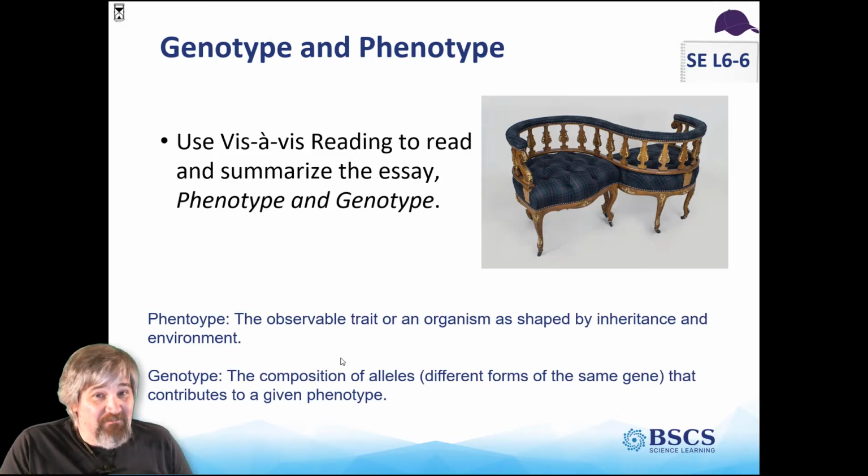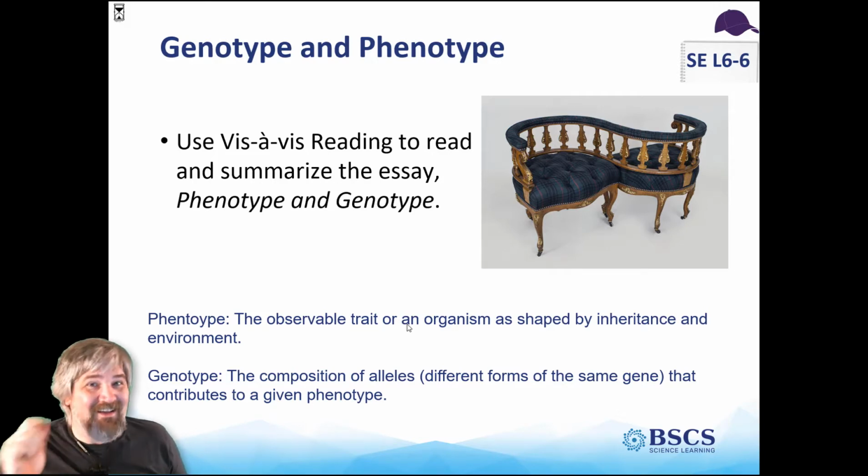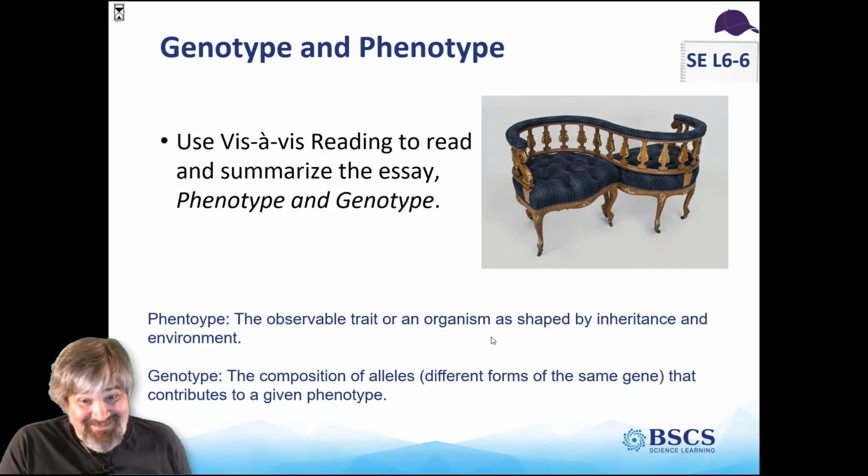So phenotype basically just means the observable trait of an organism. Trait or characteristic is what's edited out there, and then there should have been an "of" after that, but I'm not going to fix it at this point. An observable trait that an organism has that is shaped by inheritance but can also be modified by environment.